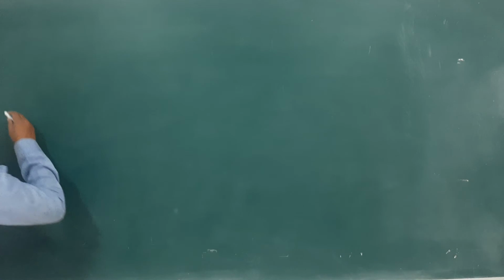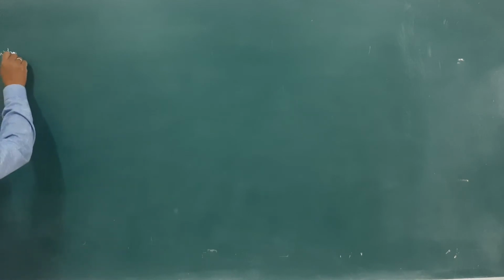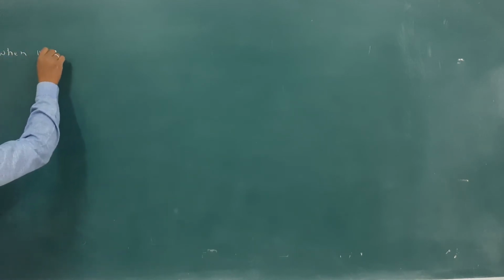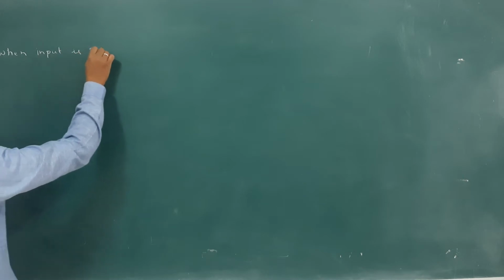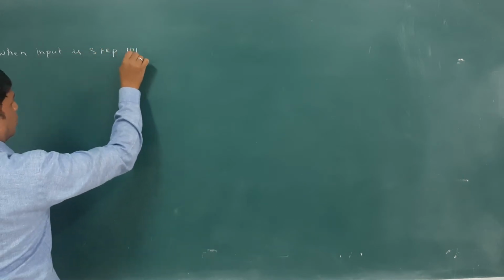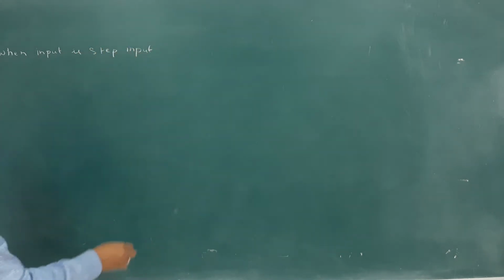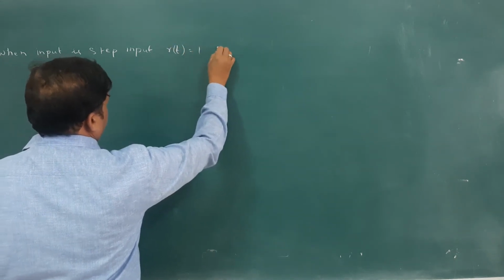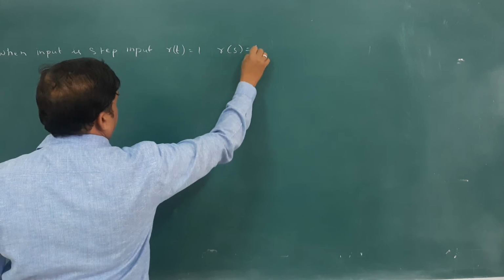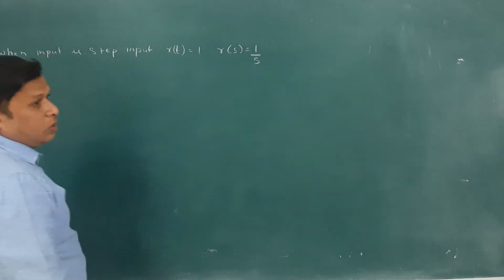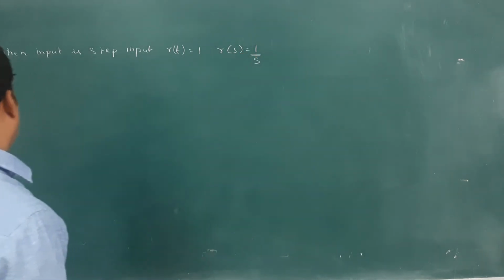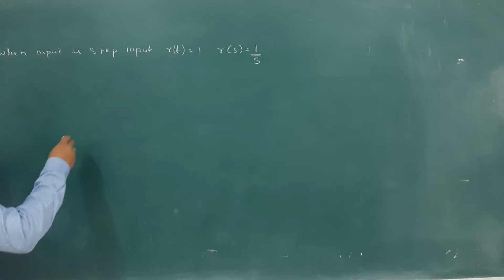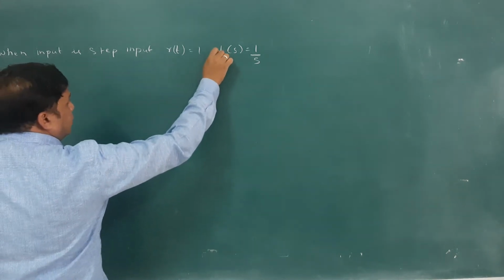When the input is step input, that is R of t is equal to 1, then R of s is equal to 1 by s. As I have already told you, R of t is 1, then R of s is 1 by s.